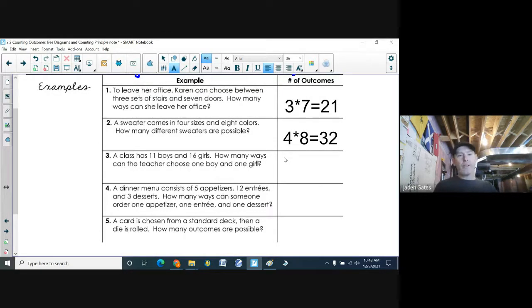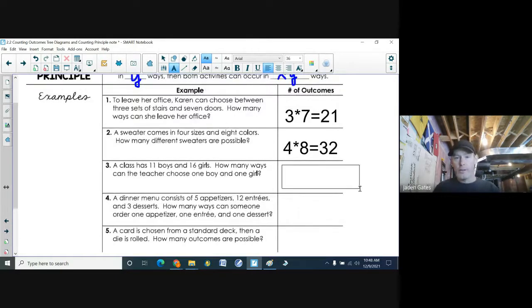How many ways can the teacher choose one boy and one girl? Well, you've got 11 boys you can choose from, and you've got 16 girls. So 11 times 16, which is, I can't do that one in my head, 176 possible ways that you could choose. Tough sledding for a teacher.